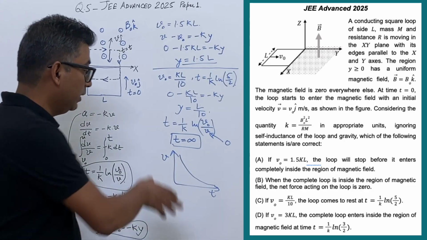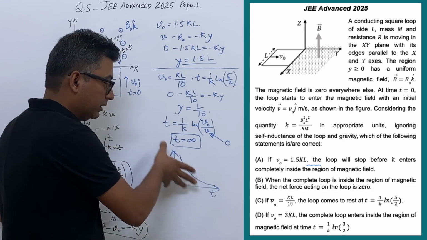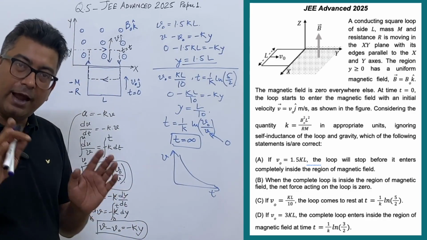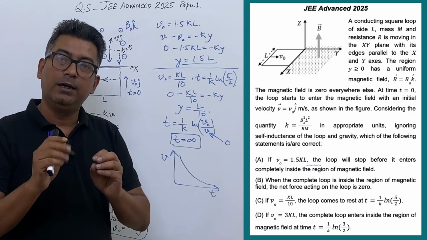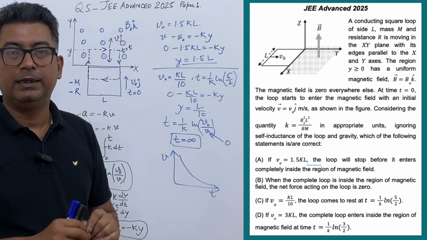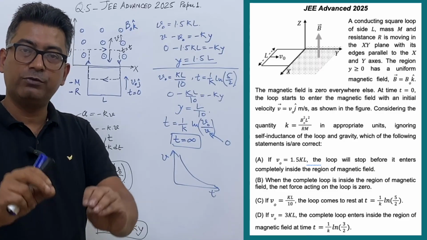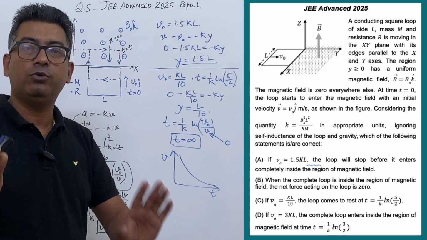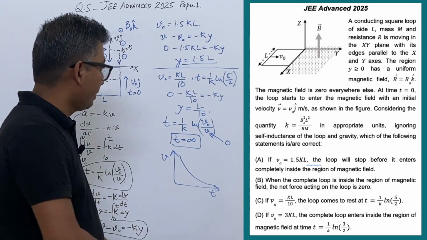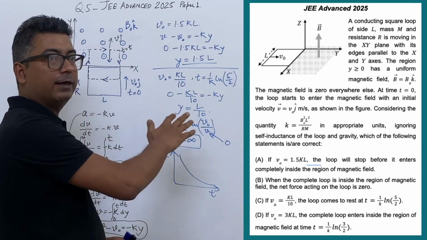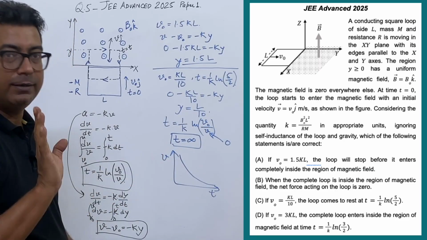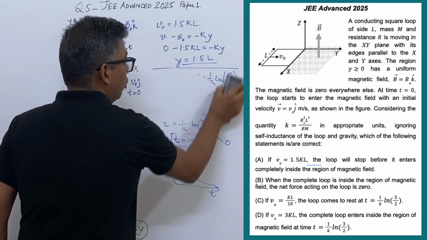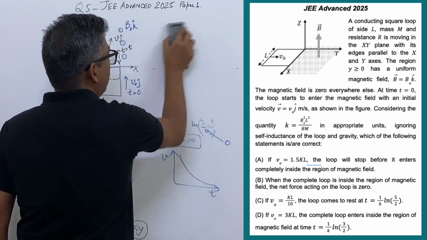So this exponential graph shows an exponential decay of v versus time. So yes, it travels L by 10 distance, but it takes forever. It slows down further, and further, and further, and takes a lot of time to actually achieve zero. Got it. So even if the first part of option B is correct, the second part is incorrect. Okay, so till now the only option that we got correct is option B.